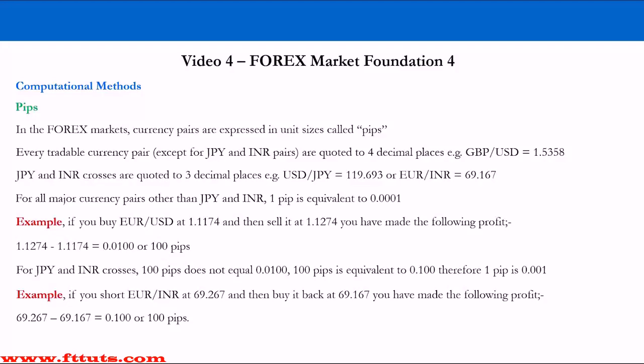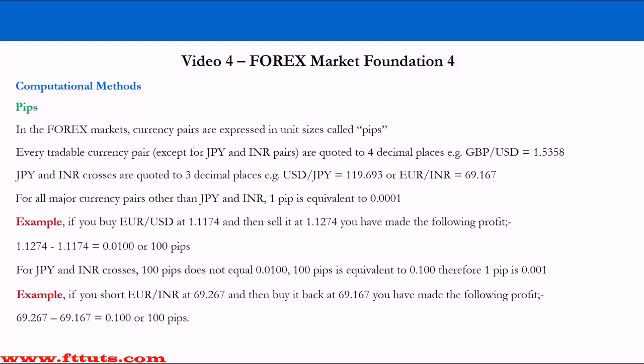So in the Forex markets, currency pairs are basically expressed in unit sizes, and those unit sizes are called pips. And every tradable currency pair is quoted to 4 decimal places in our tradable set, except for the Japanese yen and the Indian rupee.